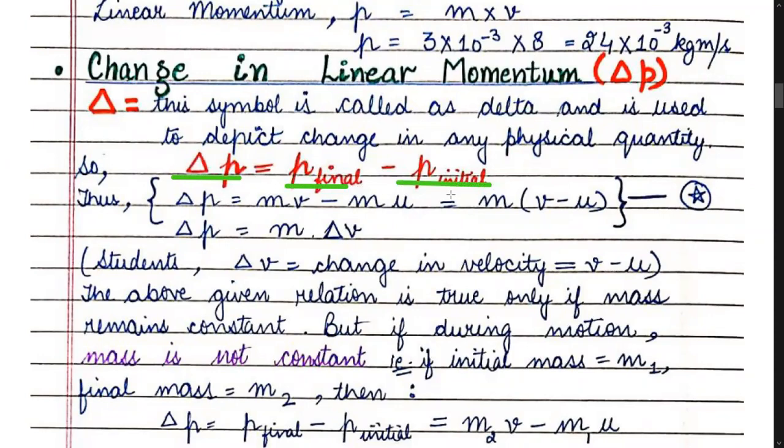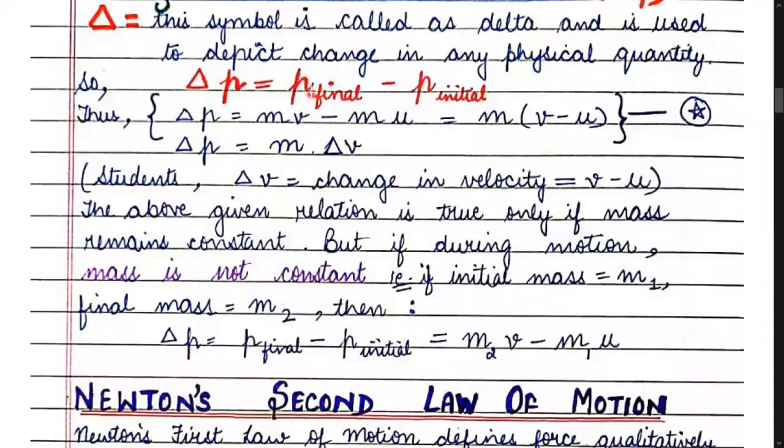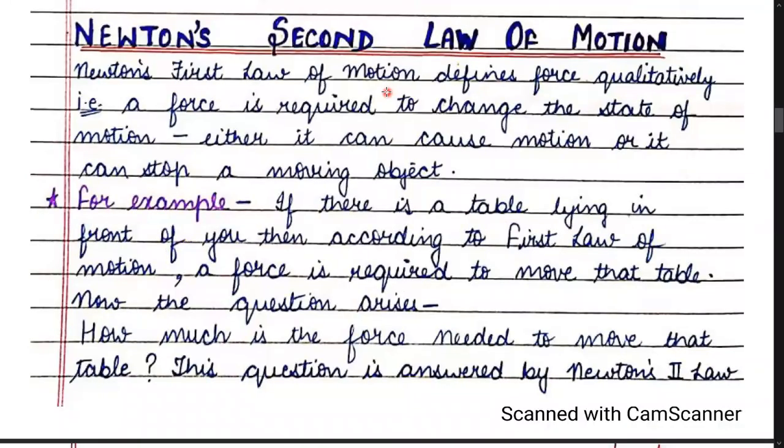So children, final momentum can be written as m into v. Initial momentum can be written as m into u. And children, in this case, which is written as the starred equation, the masses are taken to be the same. But if the mass is not constant, then you have to write down m2 into v minus m1 into u. So change in momentum will depend on whether the mass remains constant or not.